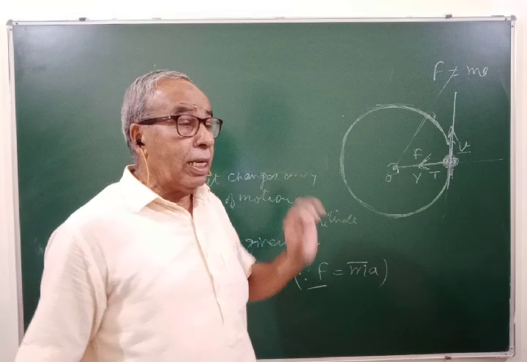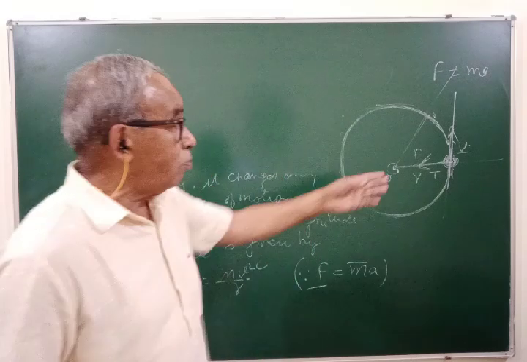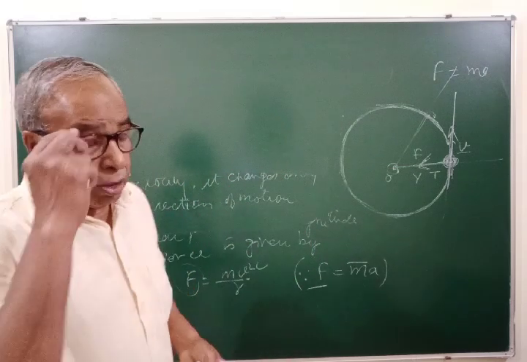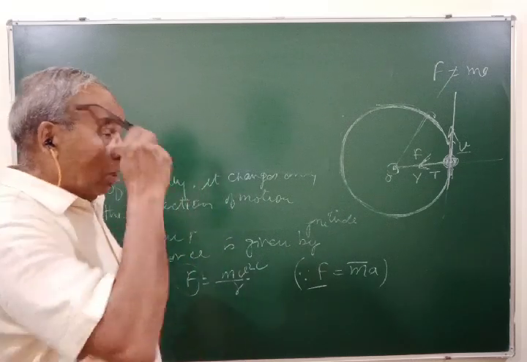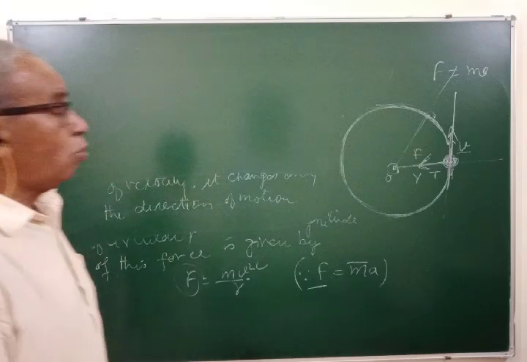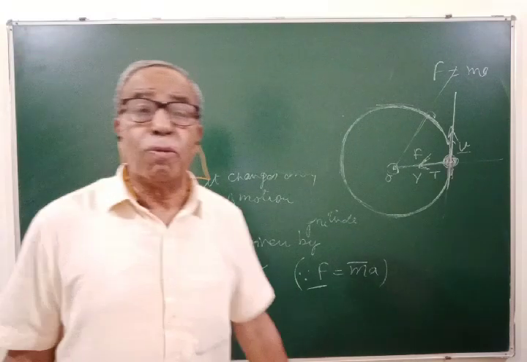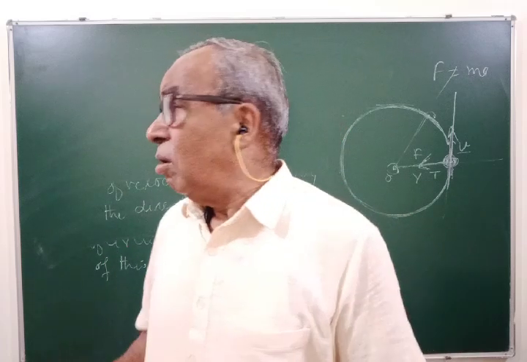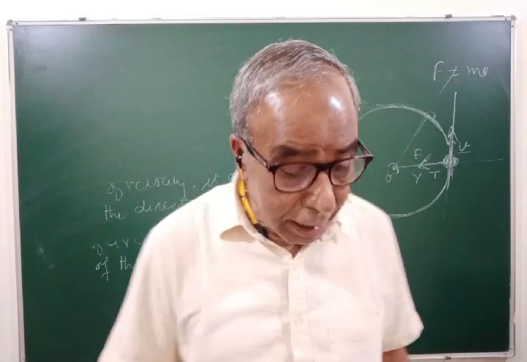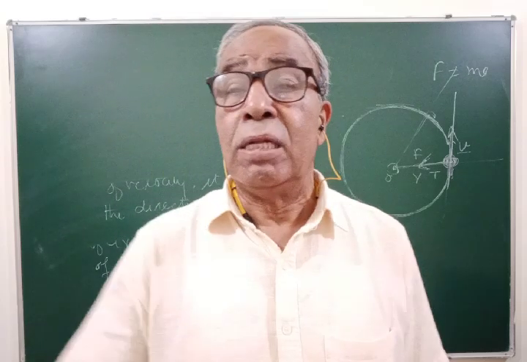Acceleration is produced by a net unbalanced force. So some force has to be applied on the moving body, whose direction should be at right angle to the velocity, towards the center, and this force is called centripetal force. In the next video I will take examples of centripetal force, where it is required and how to obtain it. Thank you.